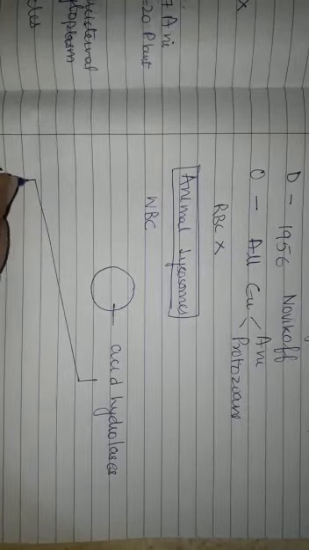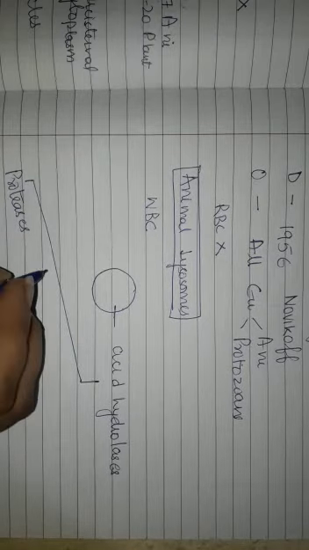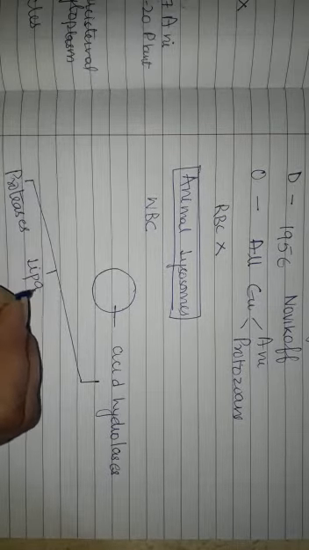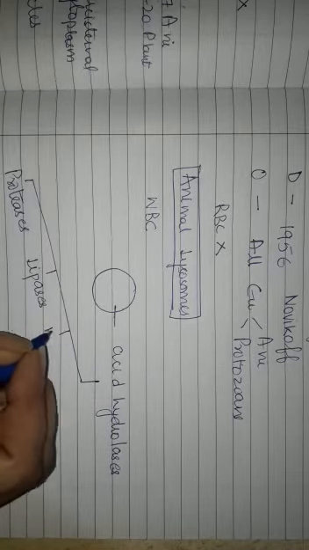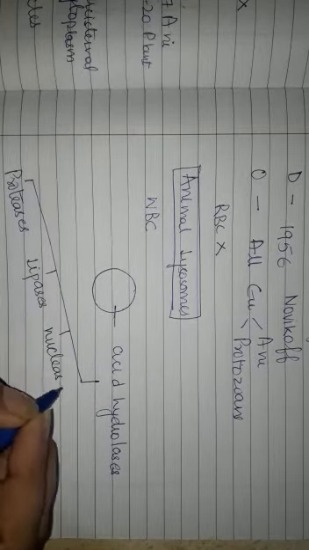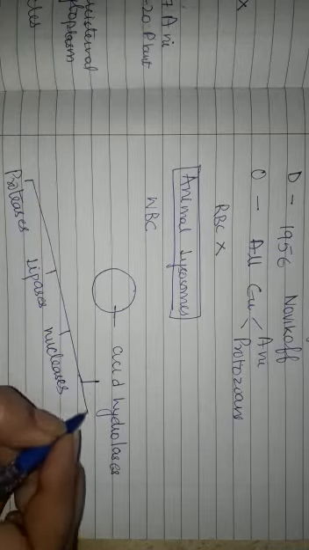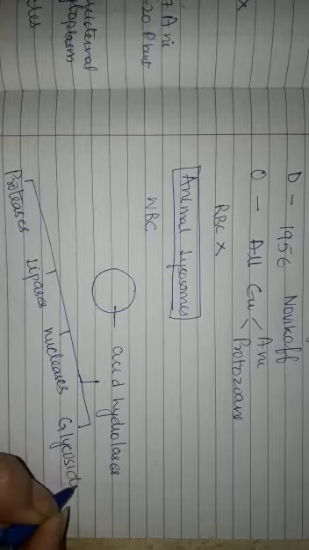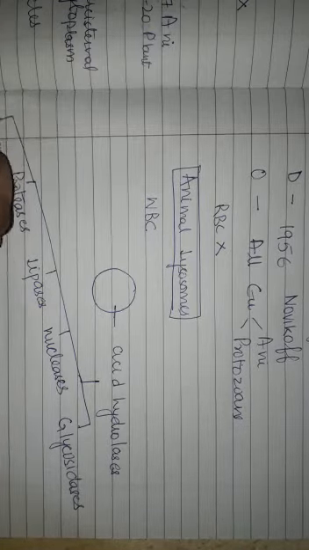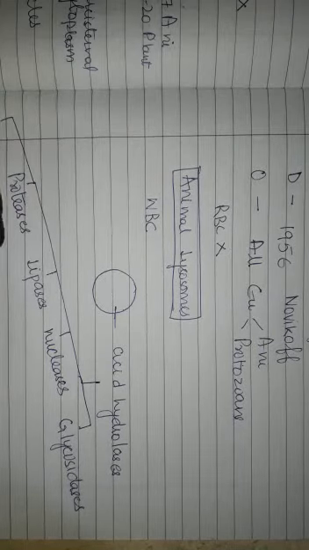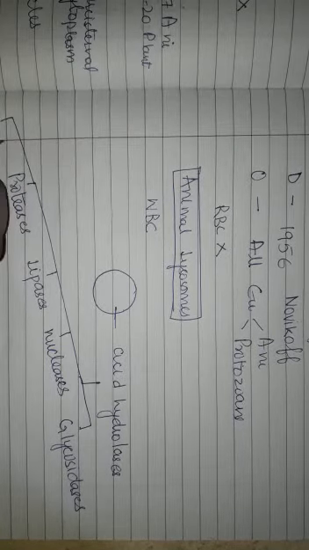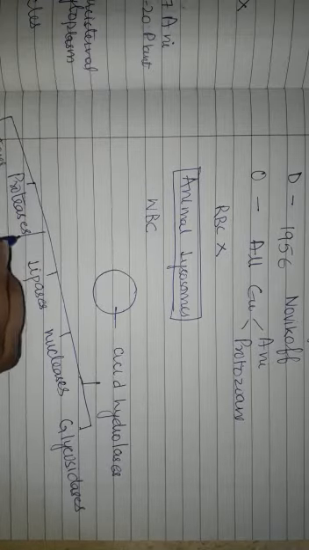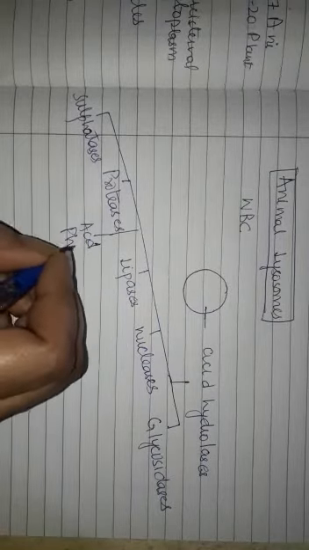These acid hydrolases include proteases, that is protein digesting enzymes, lipases, fat digesting enzymes, nucleases, the nucleic acid digesting enzymes, that is RNA and DNA, glycosidases, sulfatases, and acid phosphatases.